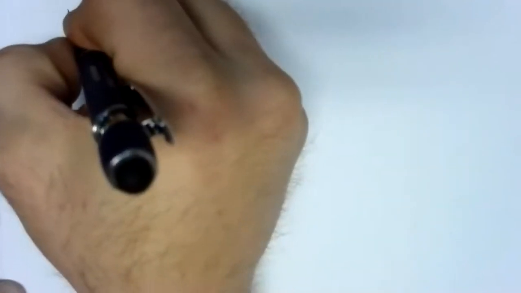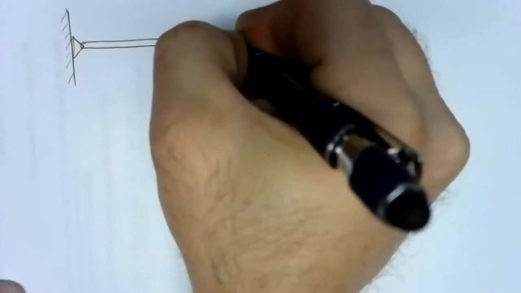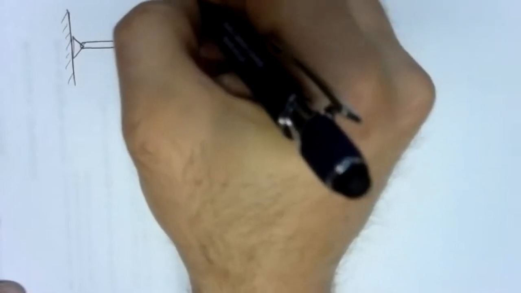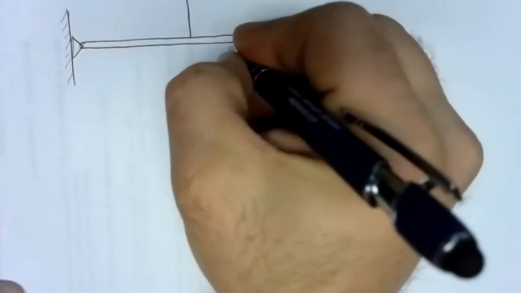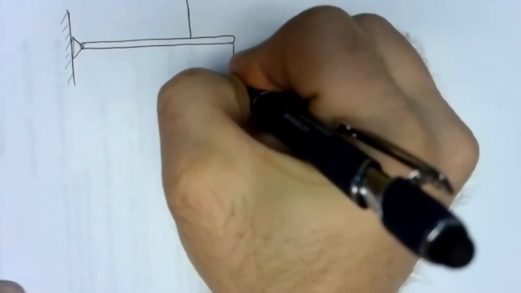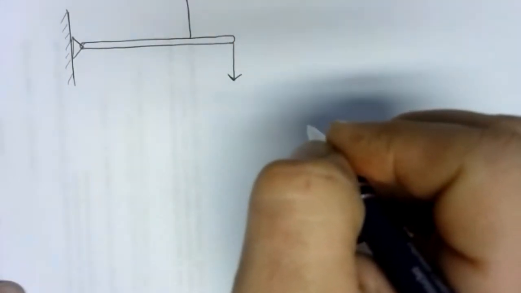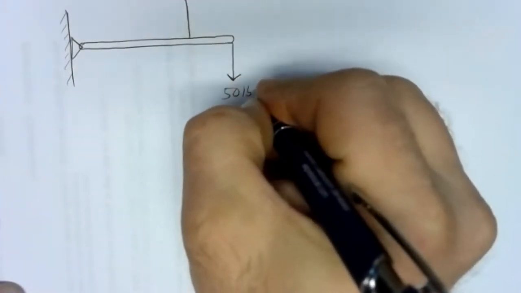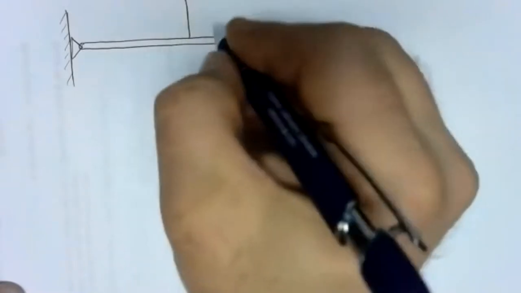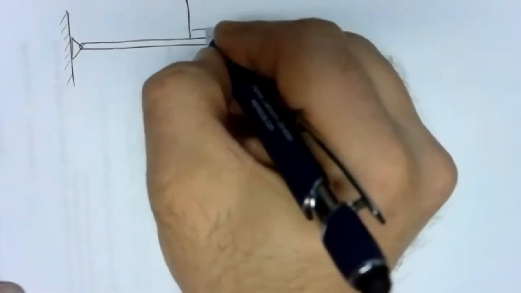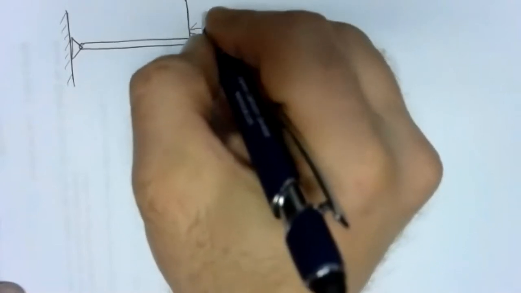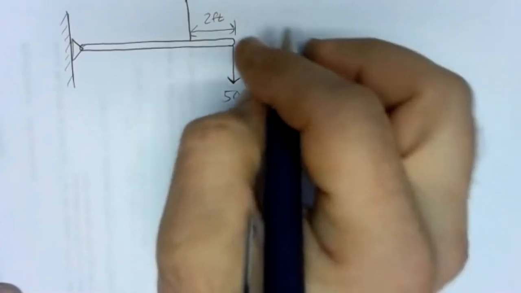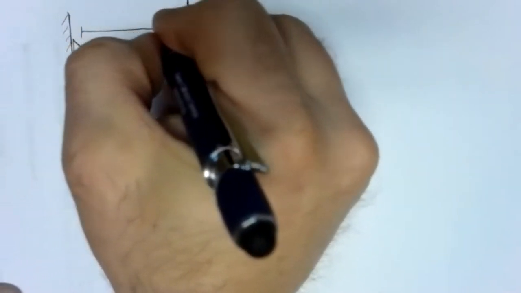We have some beam out here where we have a rope attached to a ceiling and some load applied here. So let's make this a 50-pound load. We'll have the distance between the rope and the end of the beam be 2 feet. And we'll go 4 feet here.